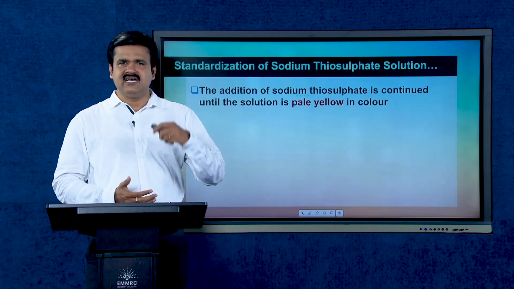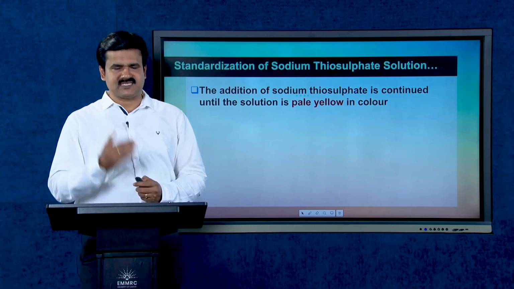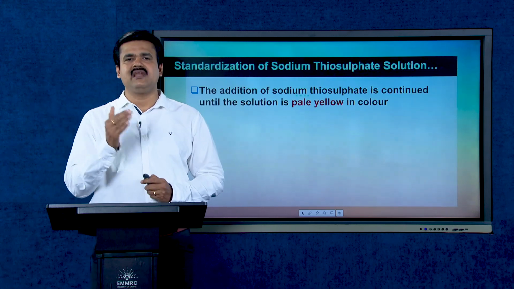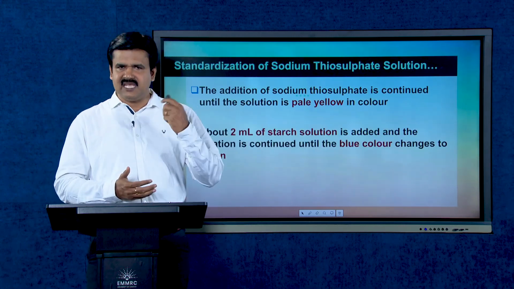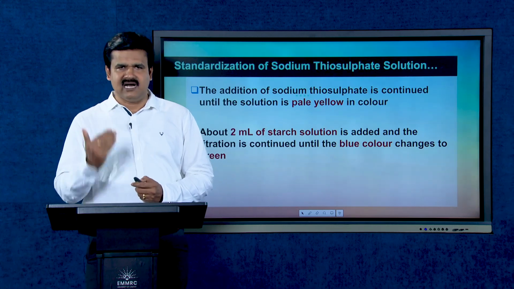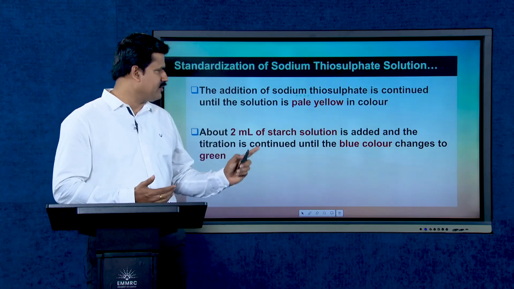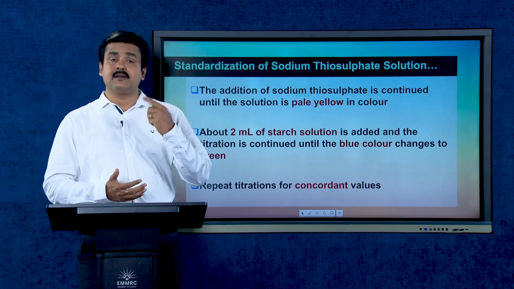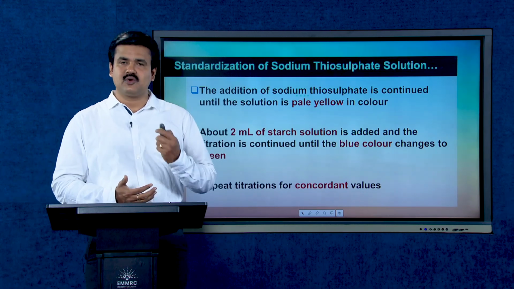The addition of sodium thiosulfate is continued until the solution is pale yellow in color. About 2 ml of starch solution is added now, and the titration is continued until the blue color changes to green. Repeat the titration for concordant values.